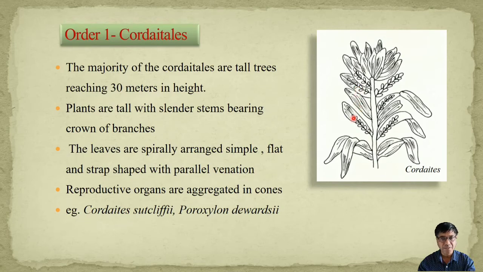The leaves range from 2 centimeters to a meter in length. The leaves are spirally arranged, simple, flat and strap shaped with parallel venation. Reproductive organs are aggregated in a cone. For example, Cordaites. Other example, Poroxylon.